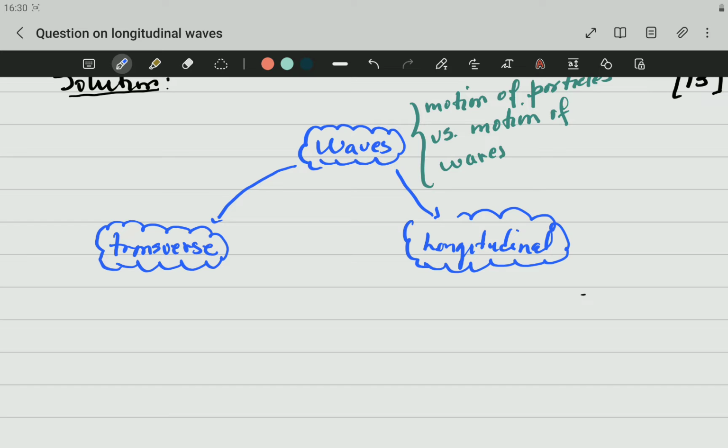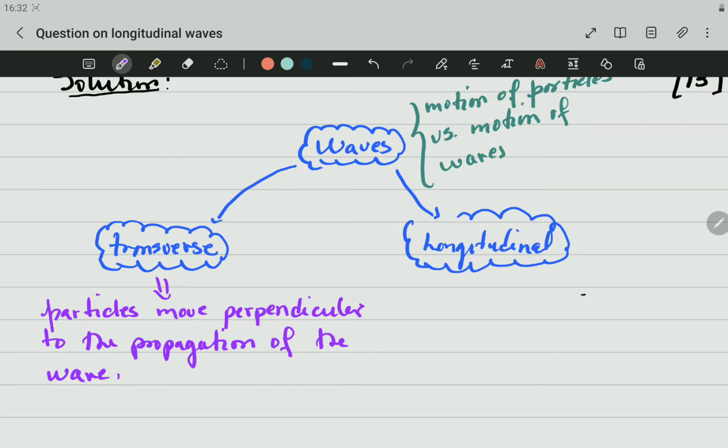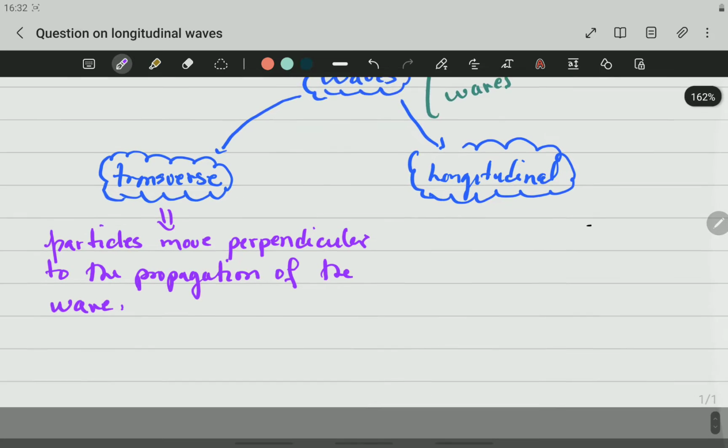In the previous video, you can go and watch the first video. You will see exactly how this happened. Particles move up and down, for example, while the wave is propagating to the front. So I'm just going to write the direction of the particle versus the wave: particles move perpendicular to the propagation of the wave.